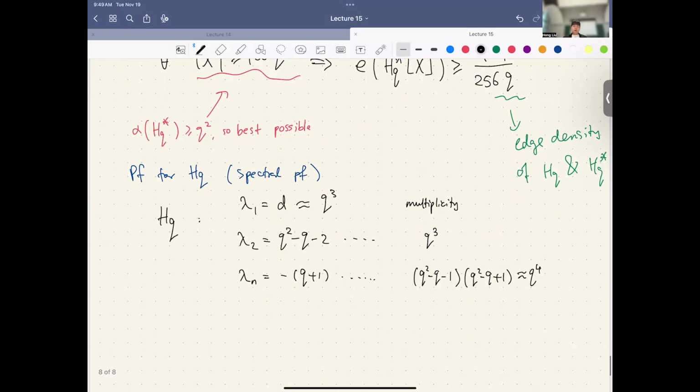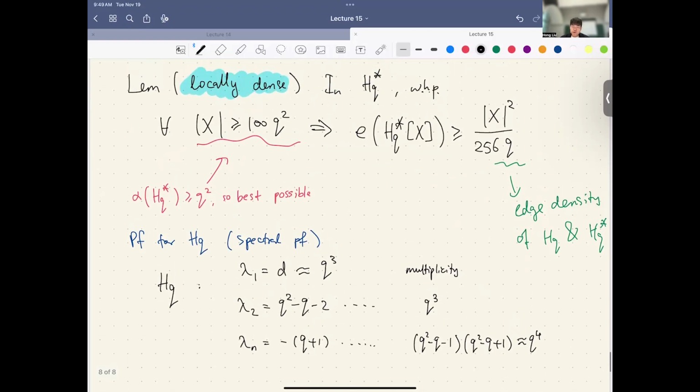Okay. Now, how do we get a spectrum proof? You use the one-sided expander mixing lemma.